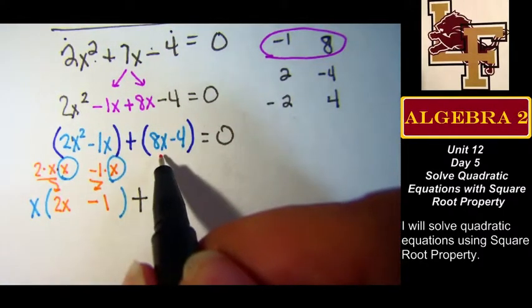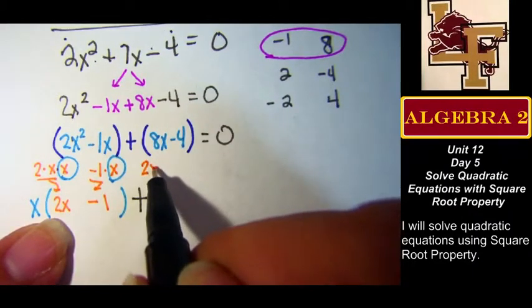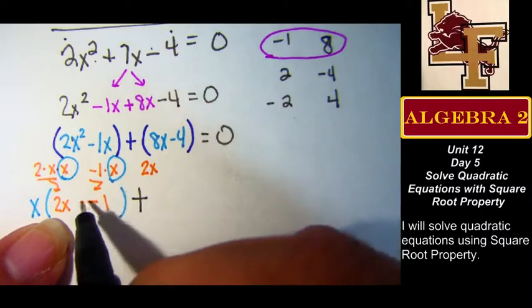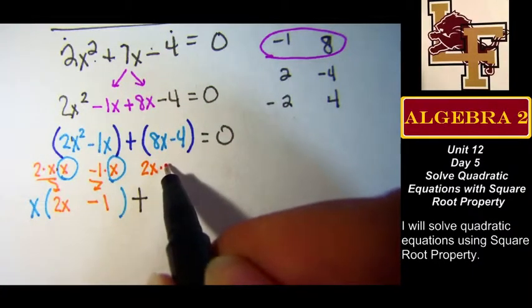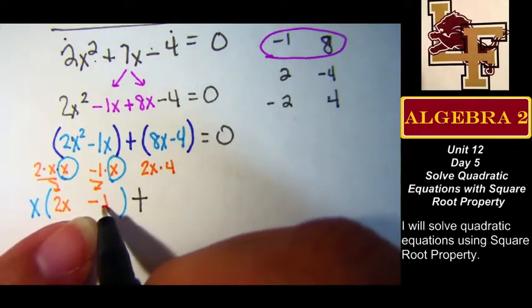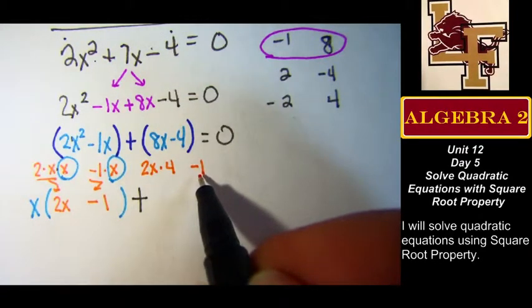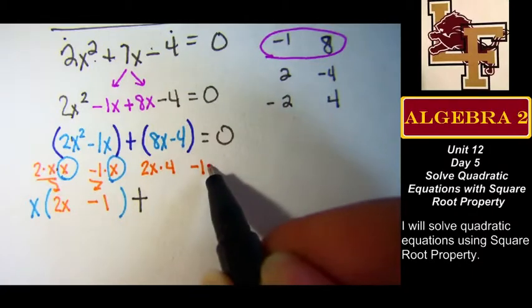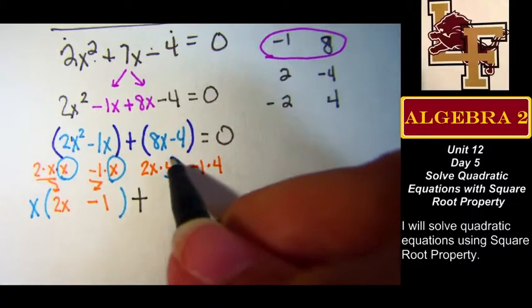And now I'm going to find factor pairs, but I'm going to borrow these factors first. I'm going to go, okay, what do I need to multiply to 2x to give me 8x? I'm going to borrow this factor. And now I'm going to think, what do I need to multiply to negative 1 to give me negative 4? And now I can see my common factor.